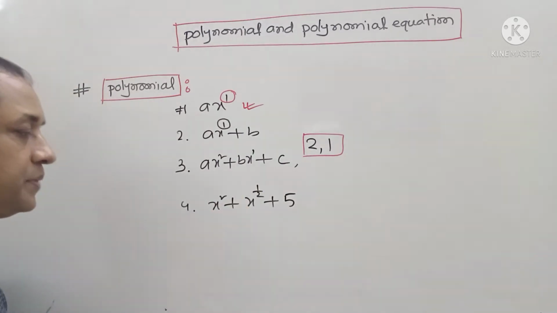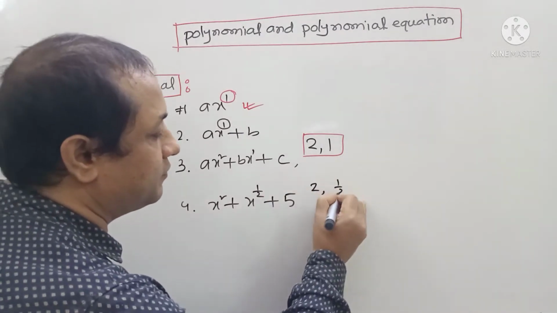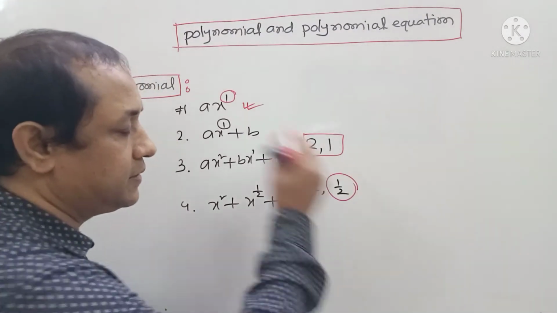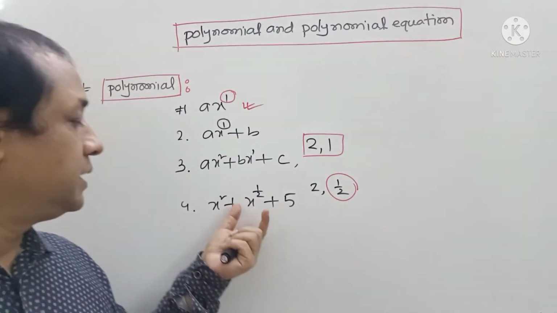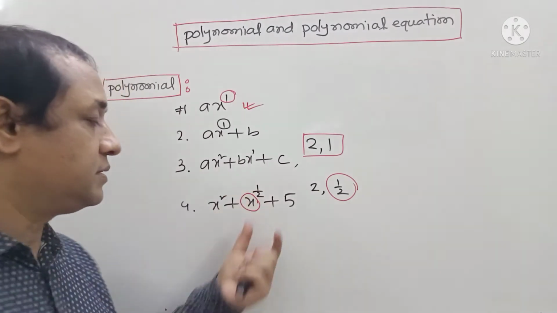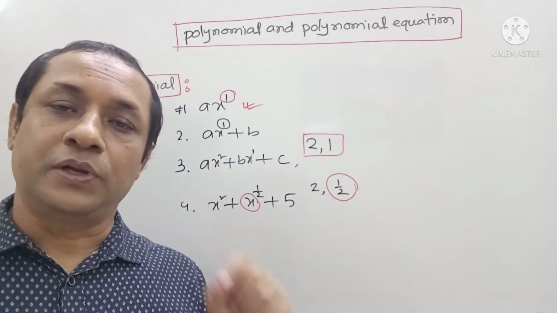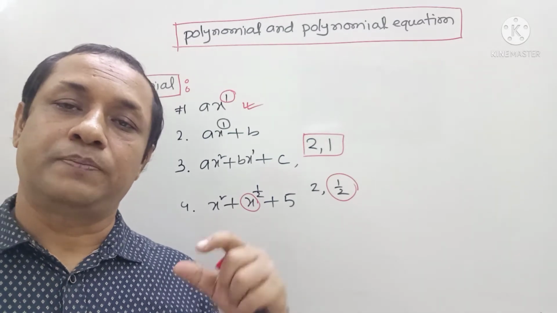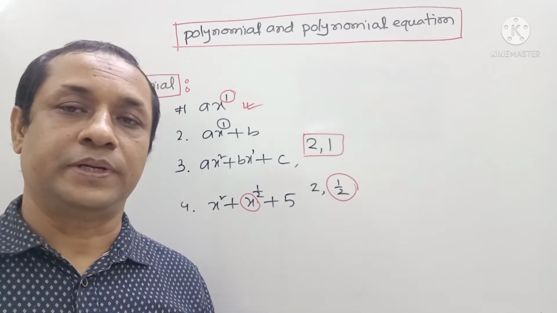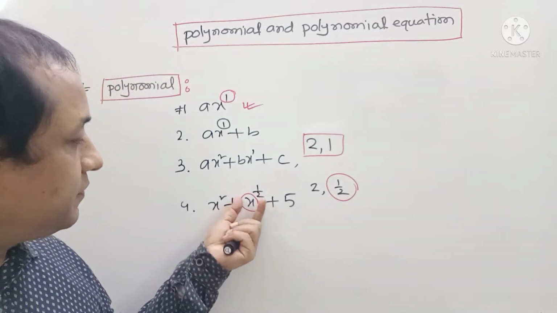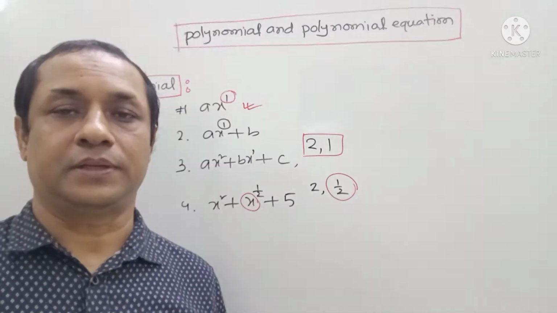So students, here the powers of the variable are 2 and half, but half is a fraction, so the power of the variable is a fraction, so it is not a polynomial, because in a polynomial the power of the variable is always a positive integer or non-negative integer. So half is a fraction number, so this is not a polynomial.